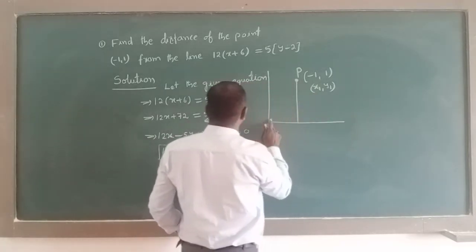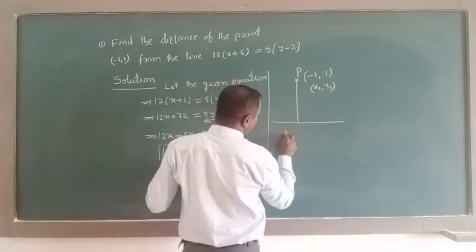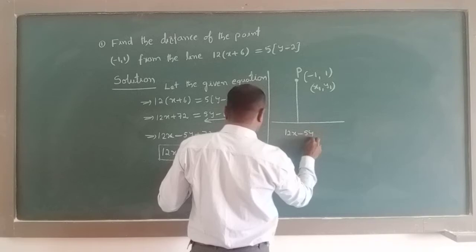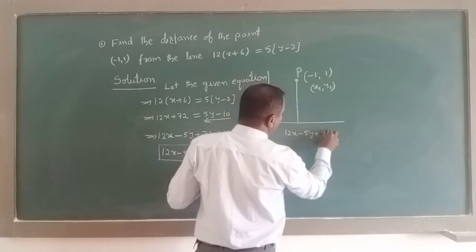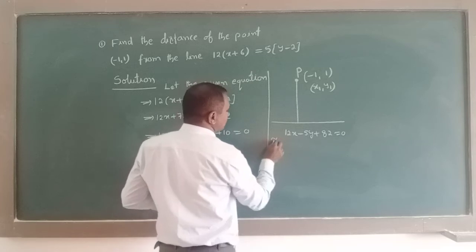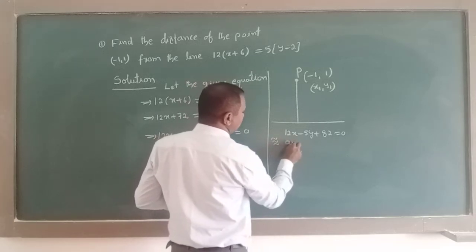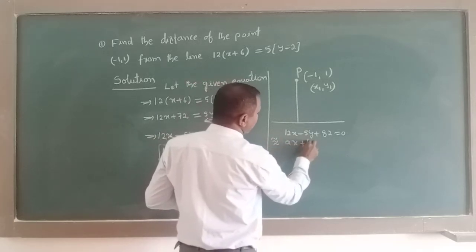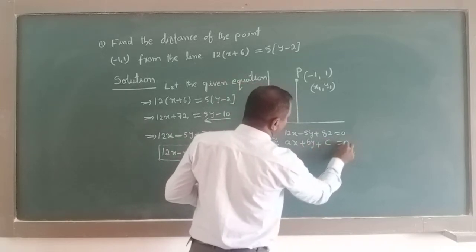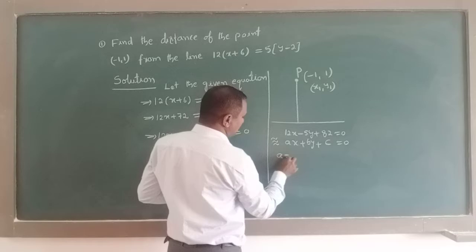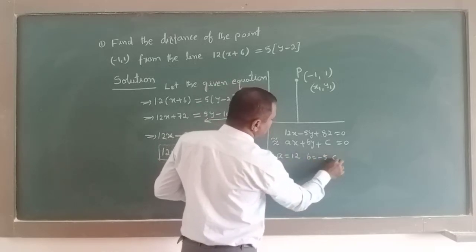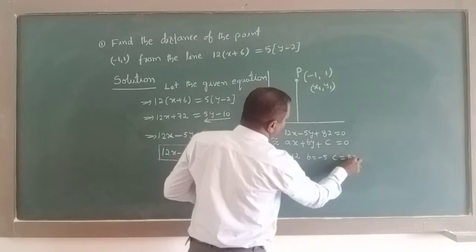That line equation they gave is 12x minus 5y plus 82 is equal to 0. Comparing this line equation with the general form ax plus by plus c is equal to 0, a is equal to 12, b is equal to minus 5 and c is equal to 82.